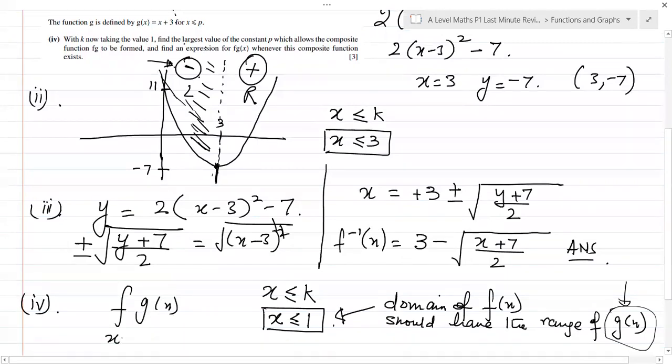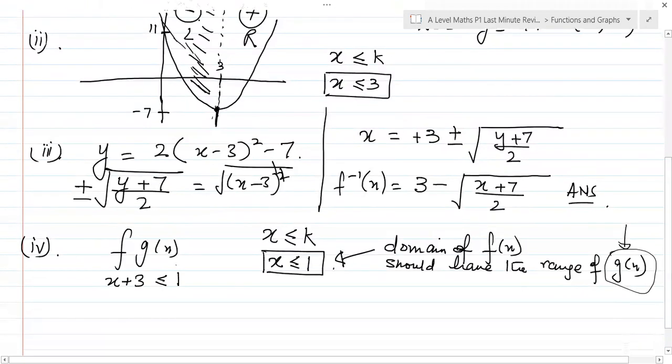So we have x plus 3 less than or equal to 1, which is the domain of f, and we get x is less than or equal to 1 minus 3. So x is less than or equal to negative 2. And that is our answer.